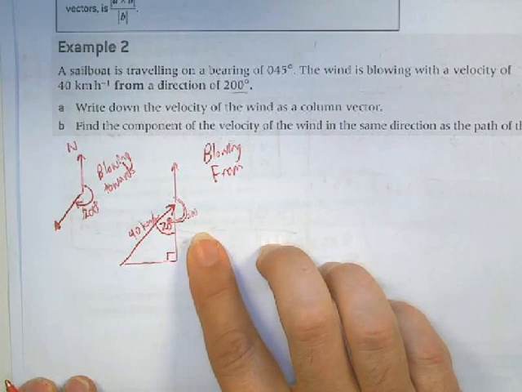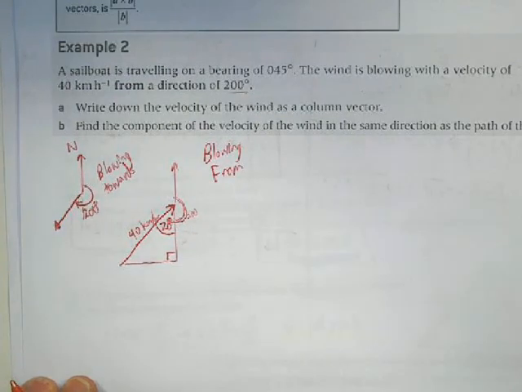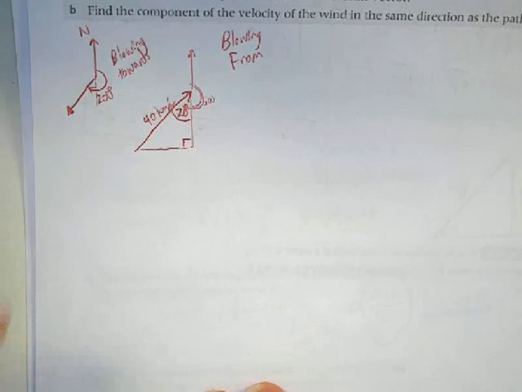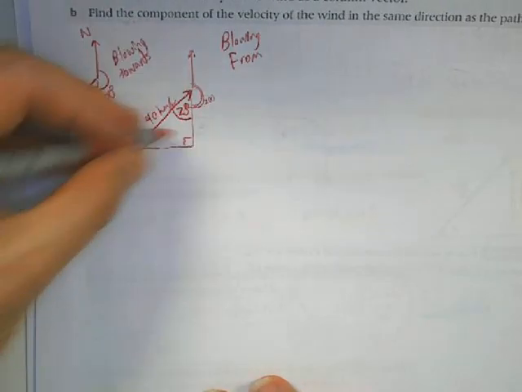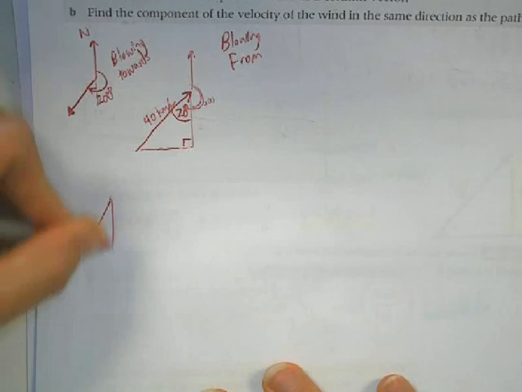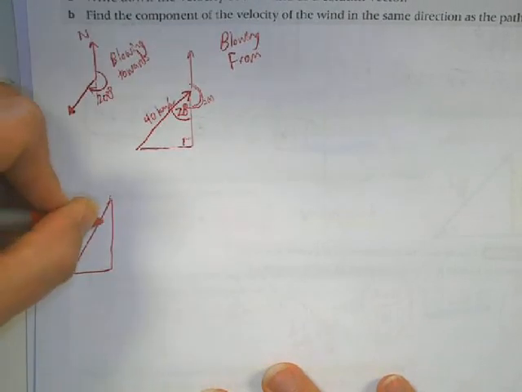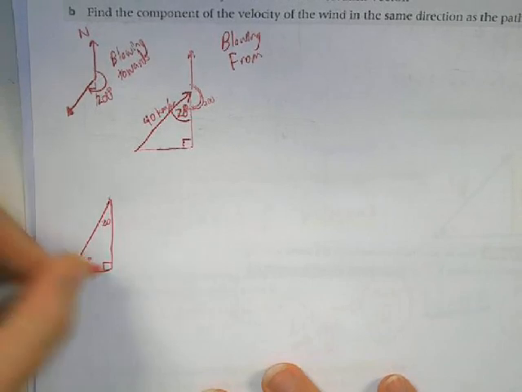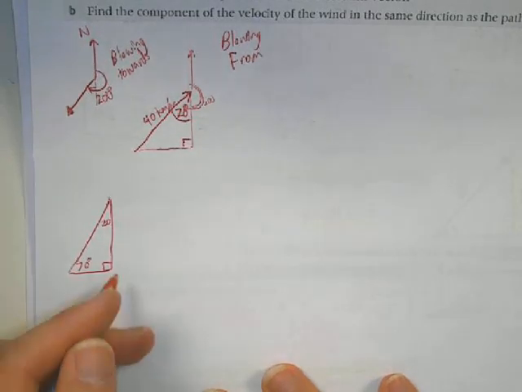So I'm going to rewrite this. If this is 20, this here has to be 70 degrees, because they all have to add up to 180, right? And if that's 90, okay.